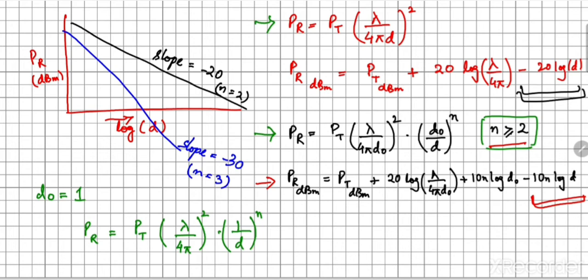So instead of a simple d here, there is a d raised to the power of n by 2 placed here, and this can also be represented in the log domain, which would mean that PR dBm is simply equal to PT dBm plus 20 log of lambda by 4 pi minus 10n times log of d.